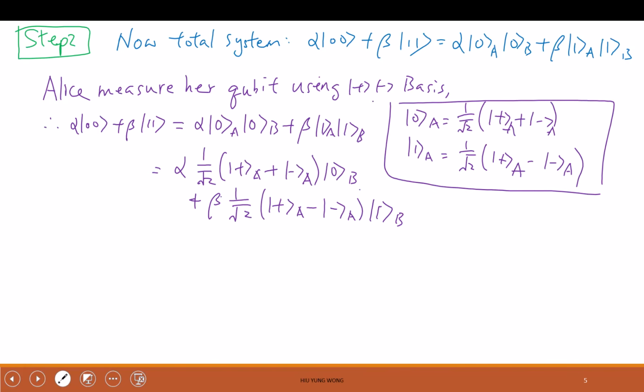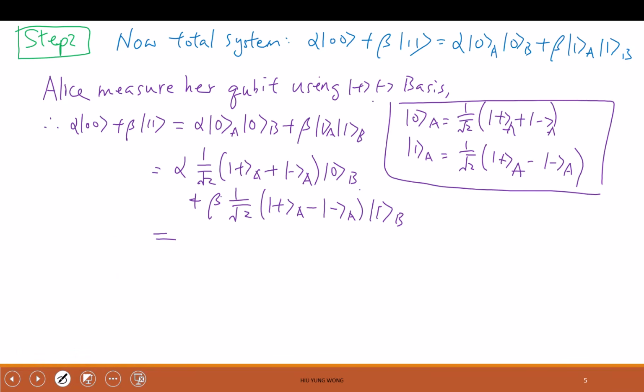And then I'm going to group the terms, because I'm measuring in the plus-minus basis. So I want to make Alex's qubit represented in plus and also minus, and then I know how it will collapse, right? If I group the terms, I want to look at plus first.